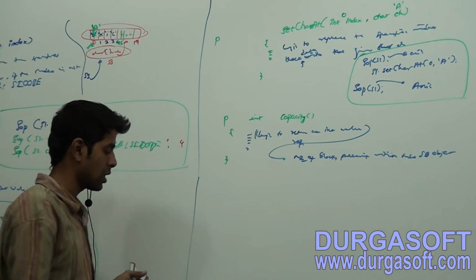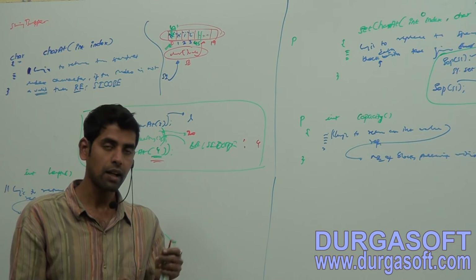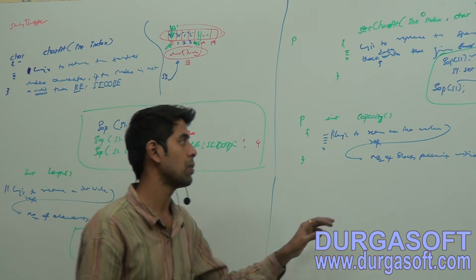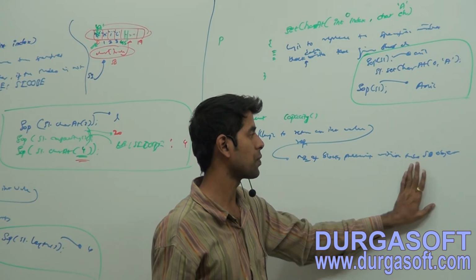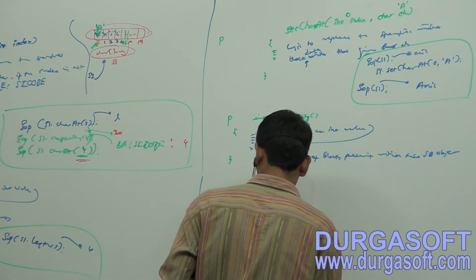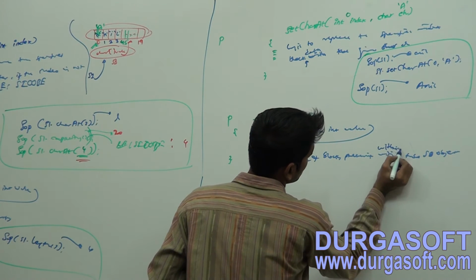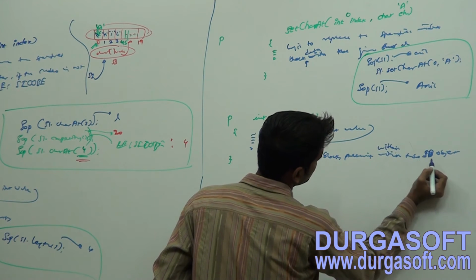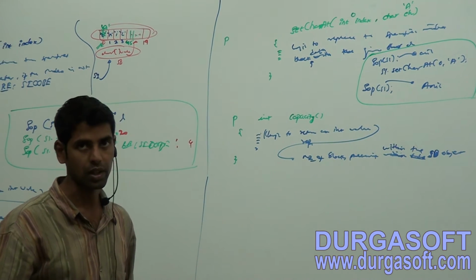Within the StringBuffer object, it will return an int value. That int value represents the number of blocks present within the StringBuffer object.